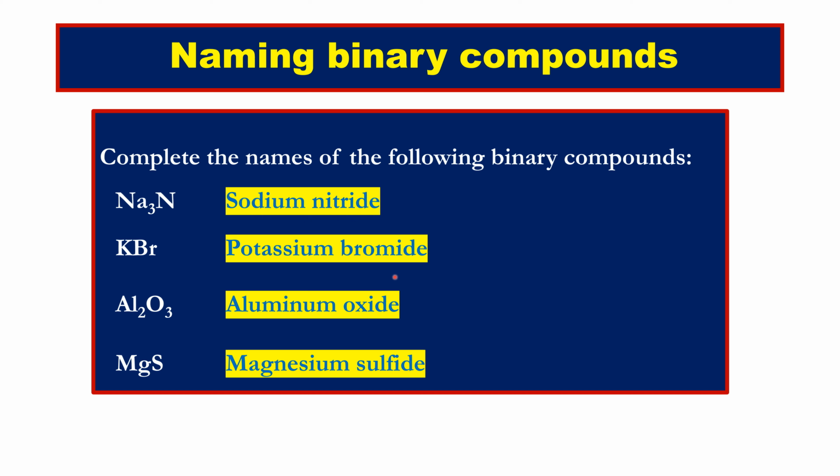KBr is potassium bromide. Started with the metal, potassium, and the non-metal, we ended it with -ide. Al2O3 is aluminium oxide. MgS is magnesium sulfide. We started with the metal, which is magnesium.